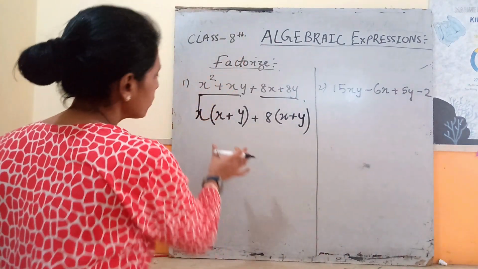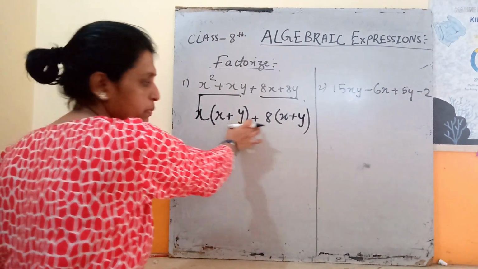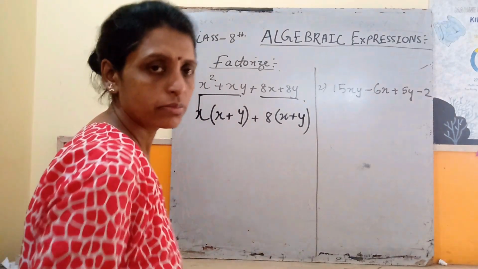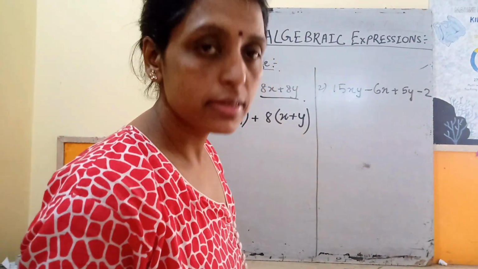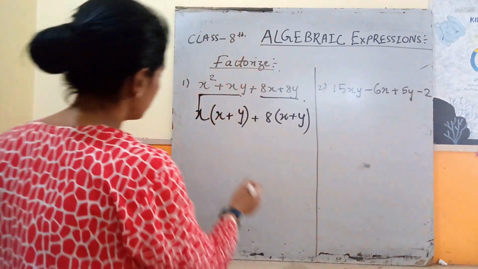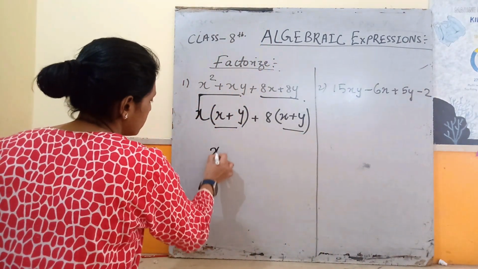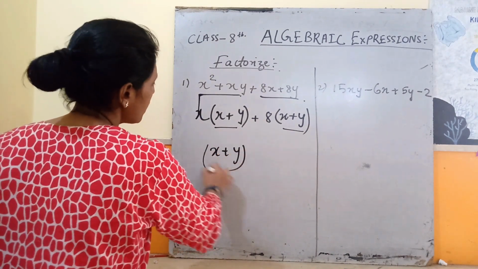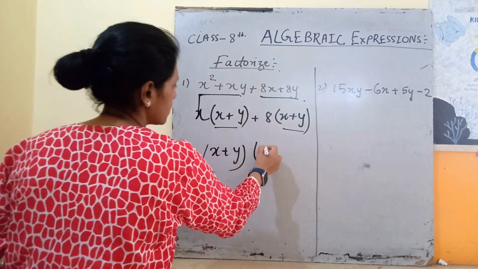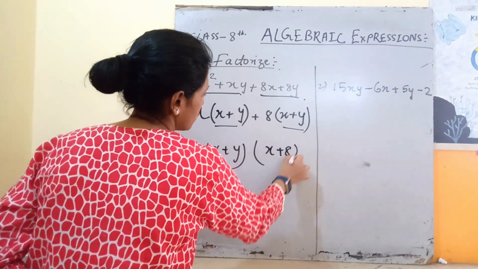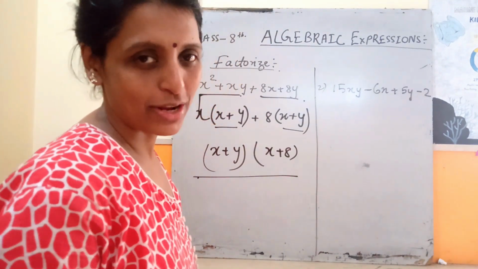Always remember, the same left out terms we obtained in the first pair should be there in the second pair also. Now out of this, we can take x plus y as common, and what is left is x plus 8. So x plus y into x plus 8. This is the way we have to factorize it.